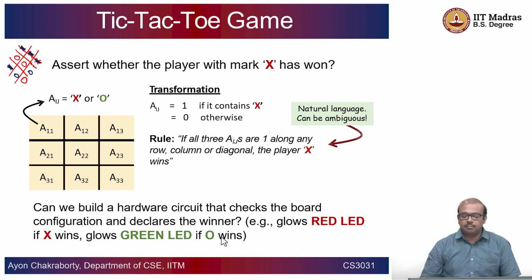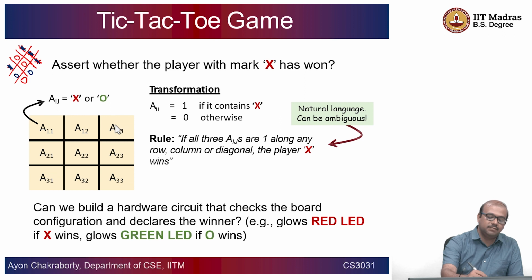This system is going to have how many inputs? The system is going to have a total of 9 inputs, A11, A12, A13, dot dot dot, A33. Each of them could be set to either X or O, or it could be untouched, right? So this particular input can take 3 values.